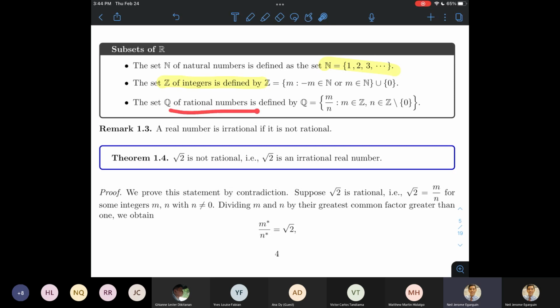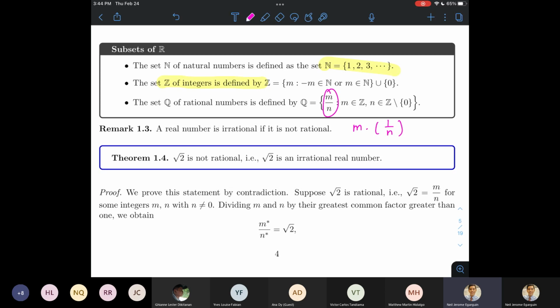And then the set of rational numbers will be all numbers that can be written as an integer times the multiplicative inverse of another integer. So they constitute the fractions. Remember how we defined a fraction or division earlier?